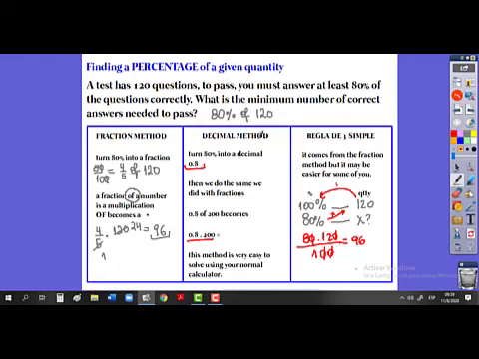This is the method that is convenient when using a calculator. Why? Because you can easily do 0.8 multiplied by 120. Sorry, I made a mistake, this is not 200, it's 120. And here it's 120. Sorry.